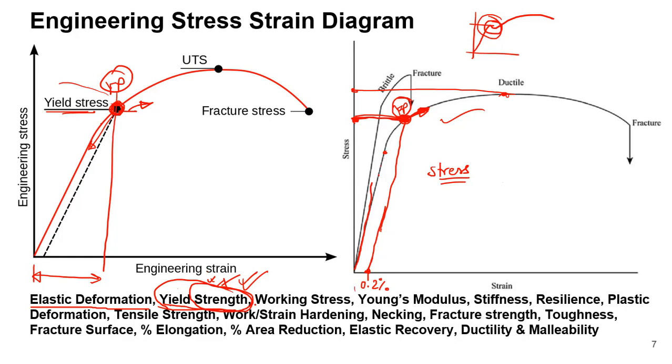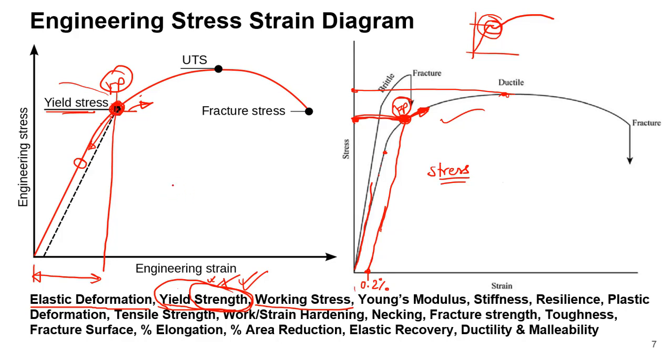Next thing we can see is the working stress. Let us try to understand what is working stress. Just now I told you that for design purposes we always try to keep the stress coming on the component because of the loading below the yield strength. Why? Because above yield strength the plastic deformation starts, and we do not want plastic deformation, because it is considered failure for a ductile material.